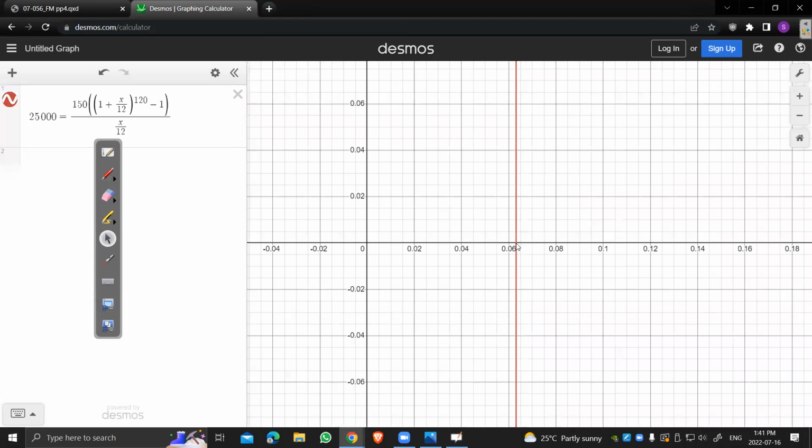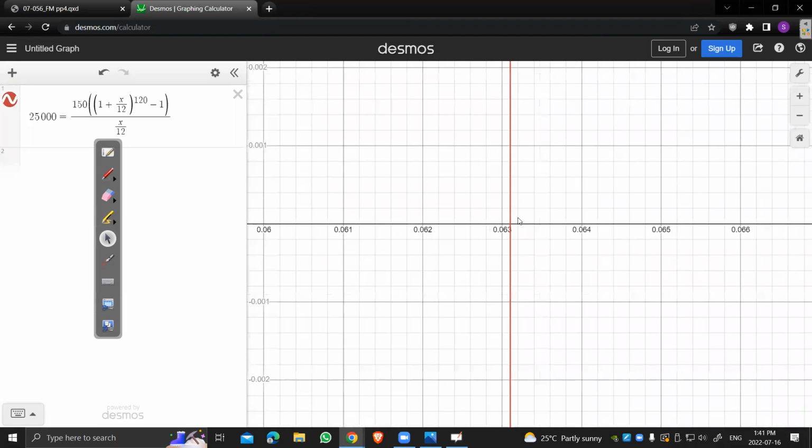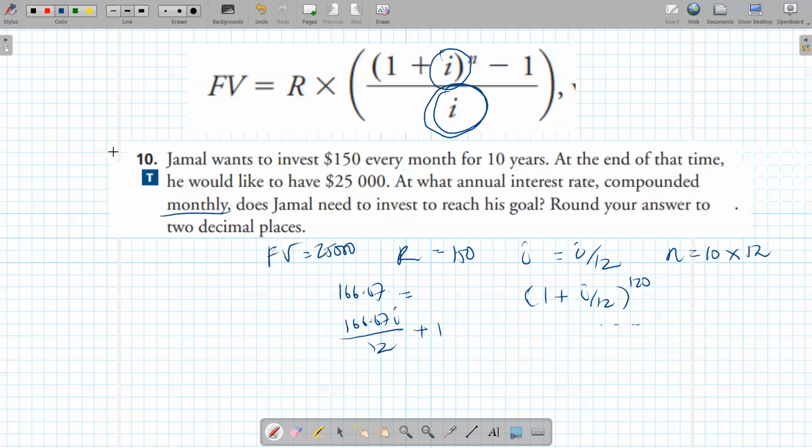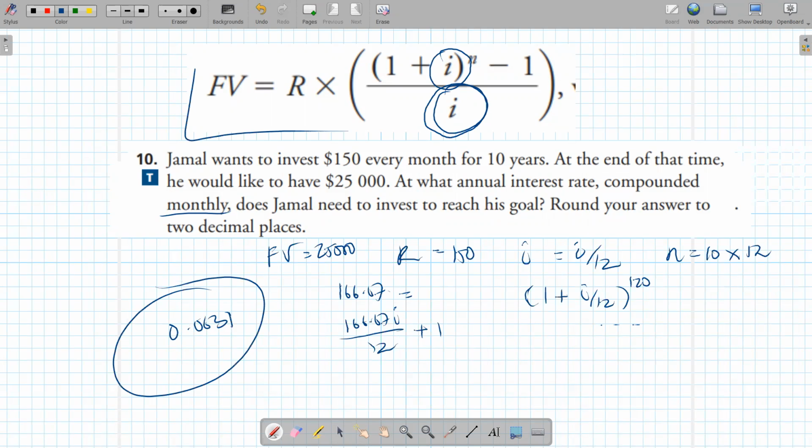Whatever that number is, what does it look like? 0.631. So I just plugged everything from here into Desmos. Okay. It's pretty difficult, right? Could you have done that on your own?